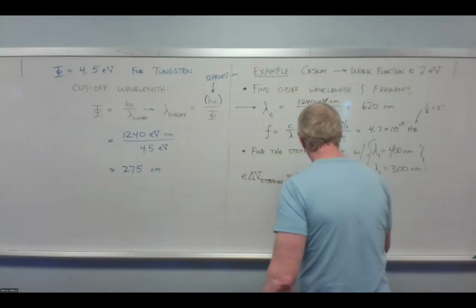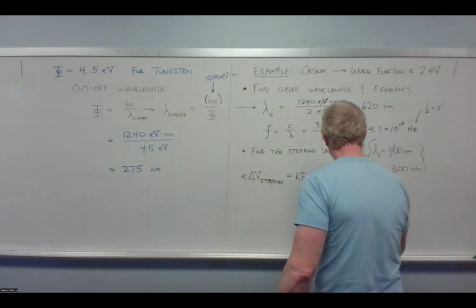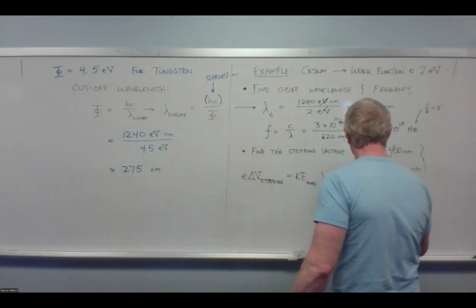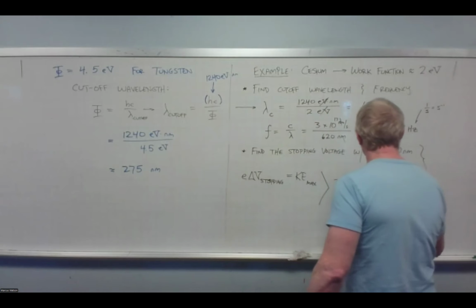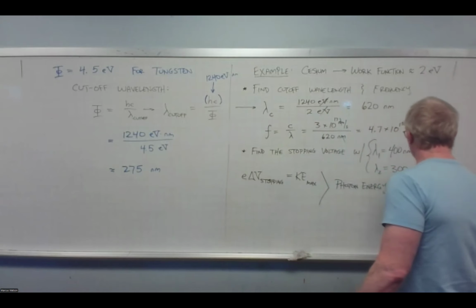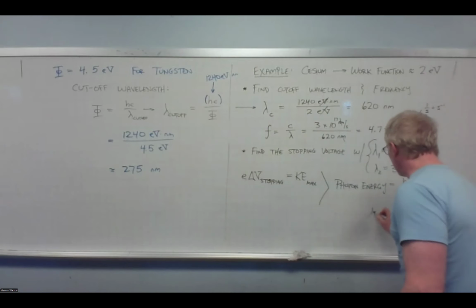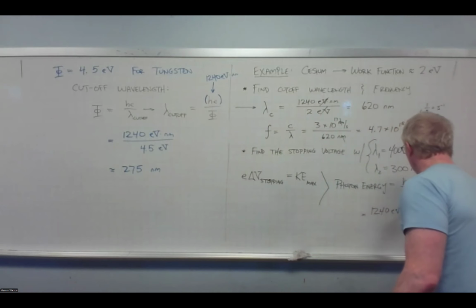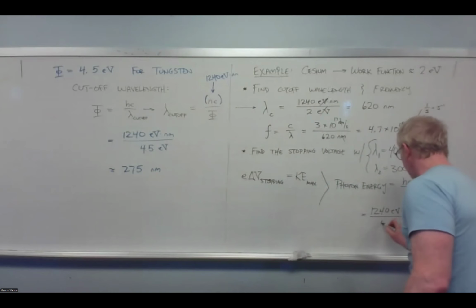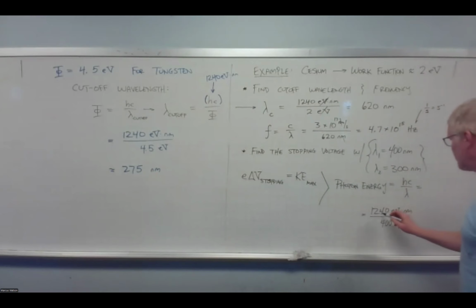All right, so the photon energy here is, once again, hc over lambda, and that's going to be equal to 1240 over 400 nanometers. So that's going to be 12.4 over 4, which is going to be 3.1.